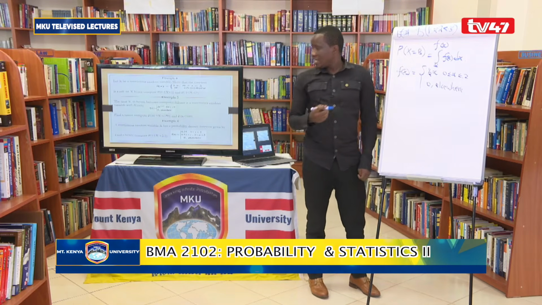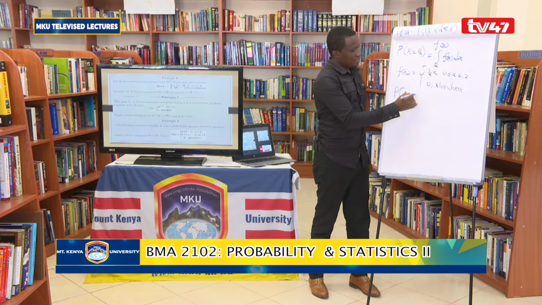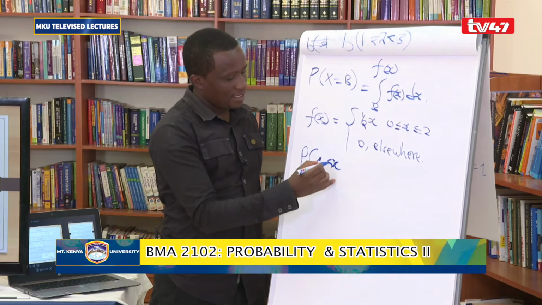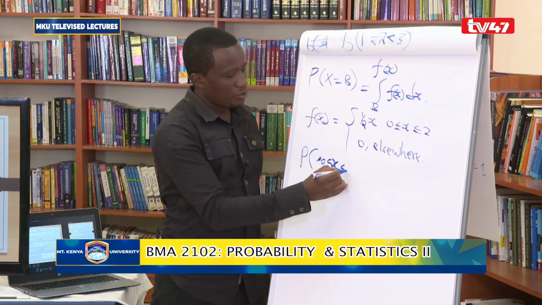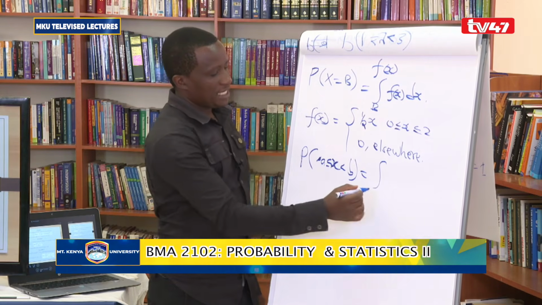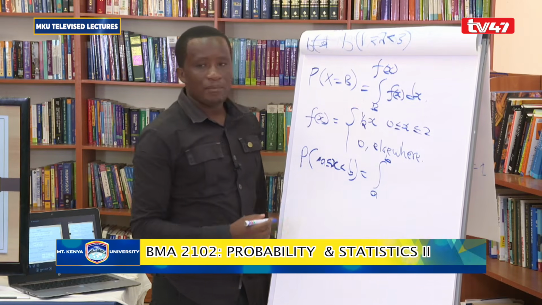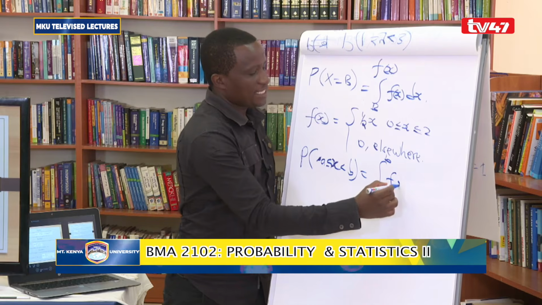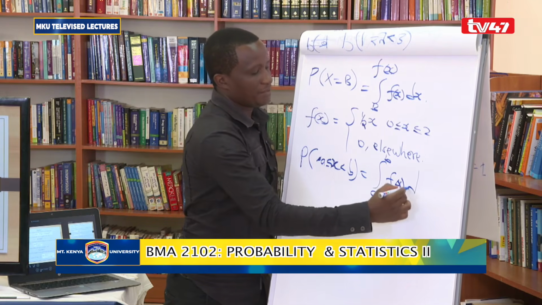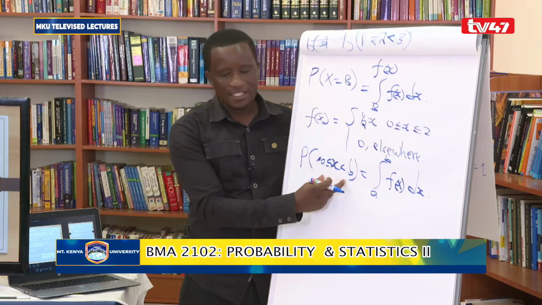We've said that if you're looking for the probability that x lies in the interval a to b, then this simply means you integrate from the lower limit a up to the upper limit b of the expression of the PDF with respect to x. This automatically gives you the probability that x is in this interval.